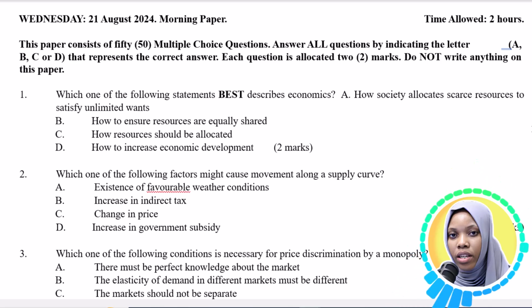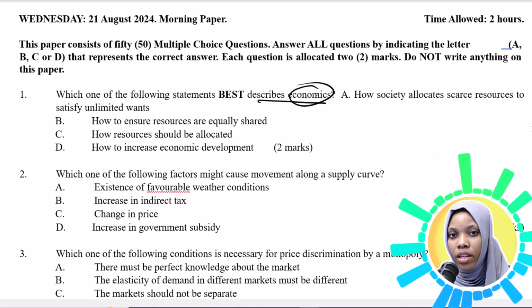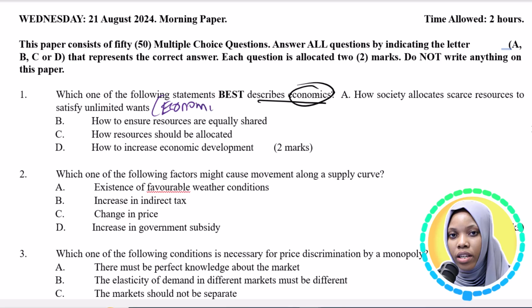We are required to describe or define economics. So choice A, how society allocates scarce resources to satisfy unlimited wants, is a definition of economics. Choice B, how to ensure resources are equally shared, defines equity.